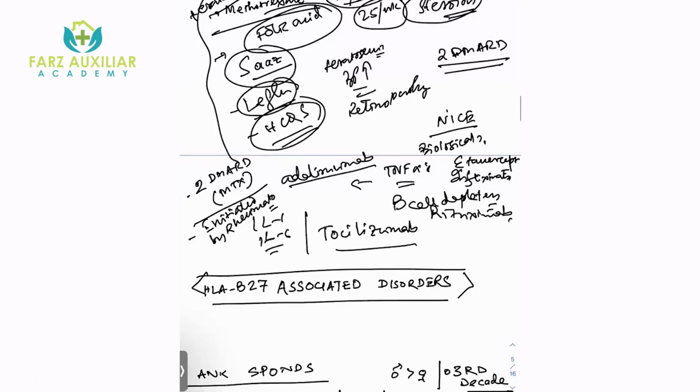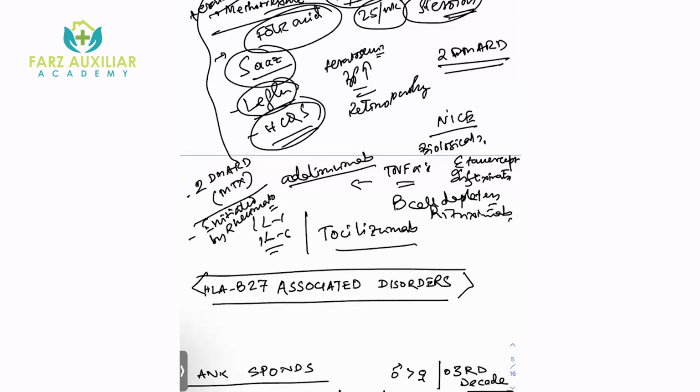Now, very important. Can you tell me one adverse effect of the biologics? What do we have to check before initiating biologics? Tuberculosis. Yes, definitely. There is a high chance of reactivation of latent TB, or if the patient already has active TB, it may flare up.